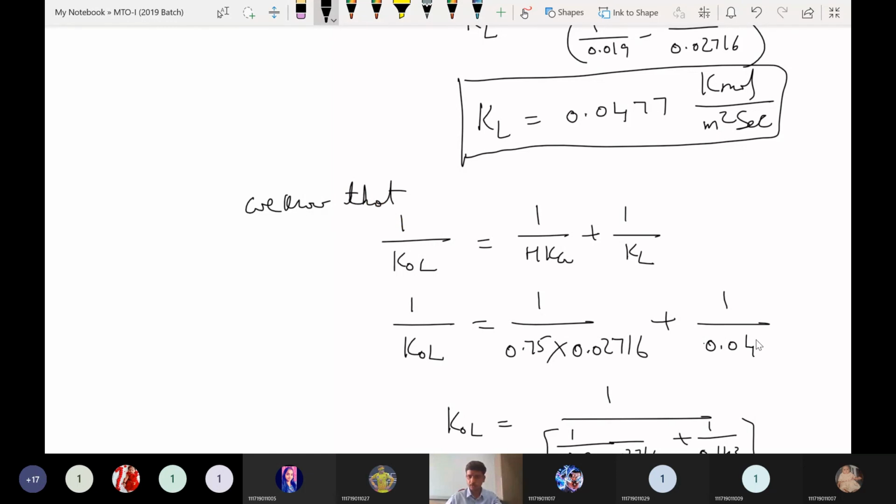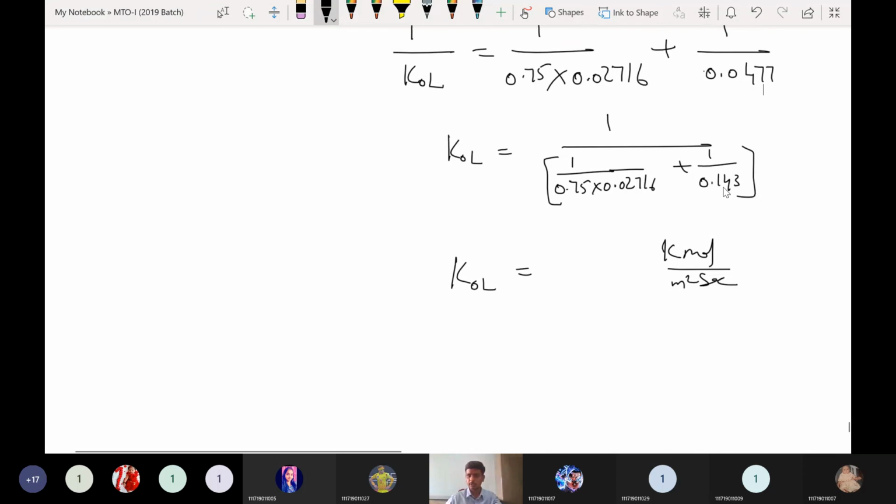This is 0.0477, and this is also 0.0477. Then finally you get the value in the bracket. You will get 0.142 kilomole per meter square second.